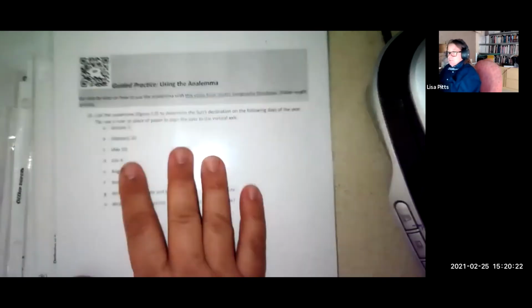The important thing in this particular one, believe it or not, comes at the end, and that's with this using the analemma. So if you saw the Vsauce video, they talked a little bit about the analemma.